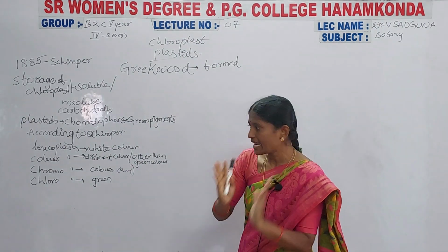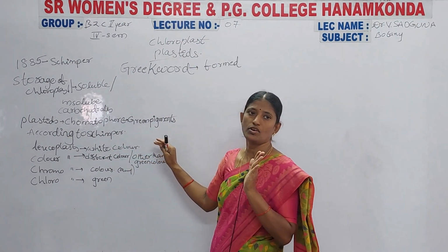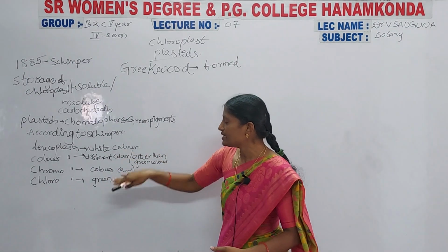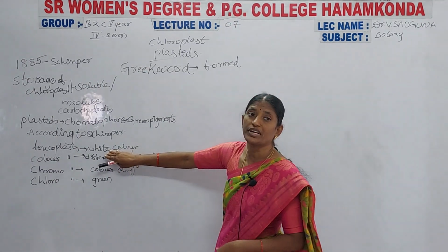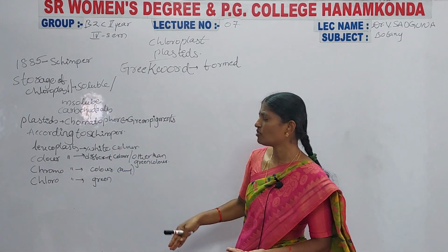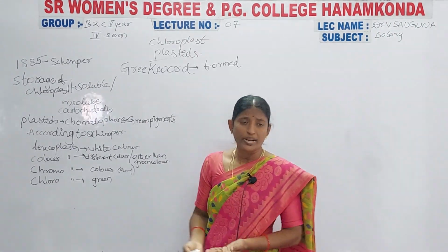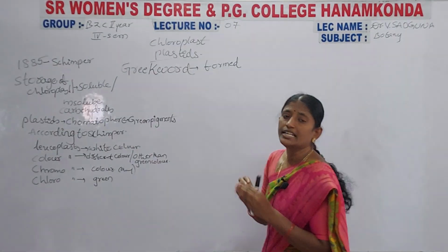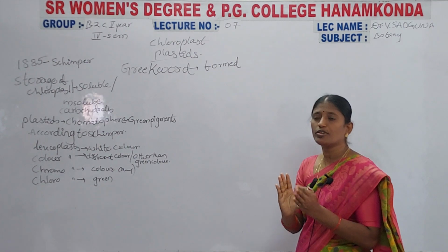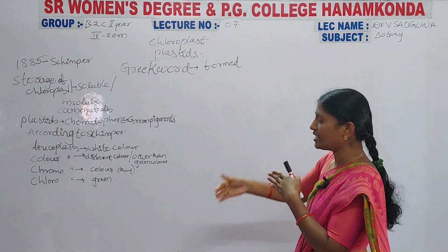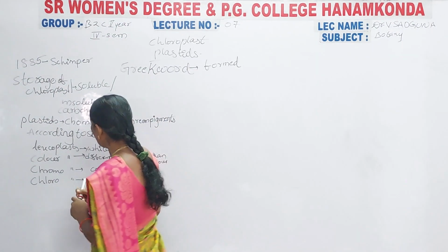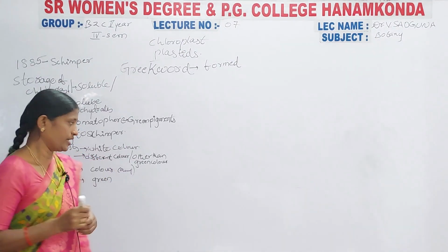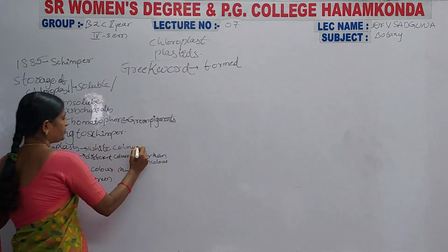Why is the leucoplast white in color? What does it synthesize, and what does the chloroplast synthesize? Each one synthesizes a different type of material, and that gives each its different type of color. So each one is synthesized differently.